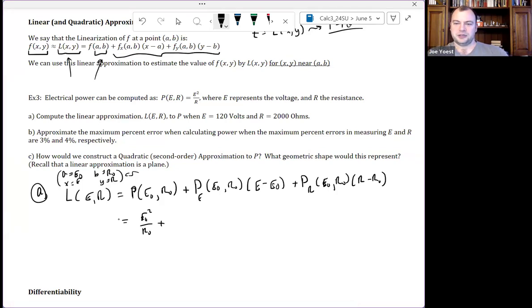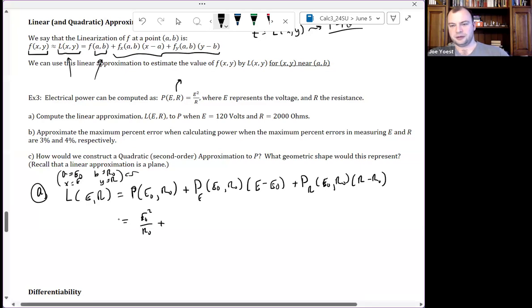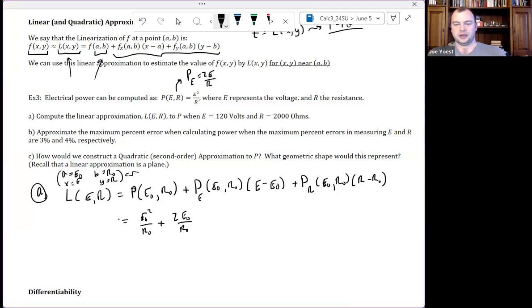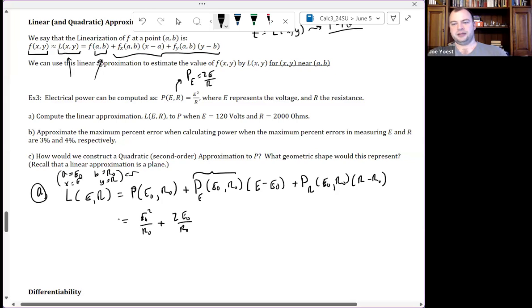Okay, what is the partial of P with respect to E? P sub E is 2E over R. And here it is very important, again, that I evaluate this at that point, E naught, R naught.